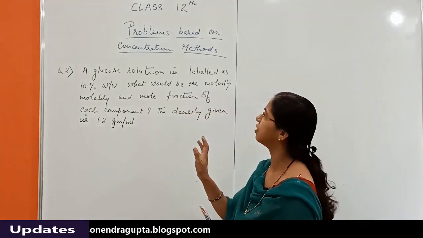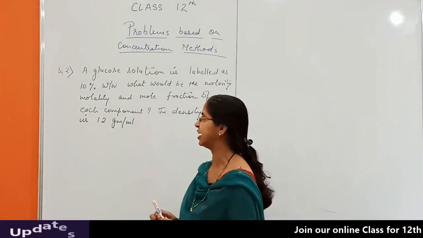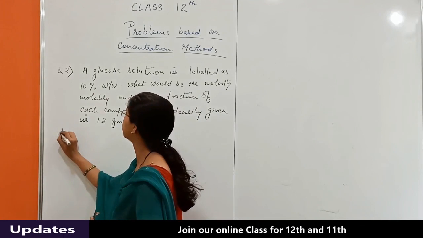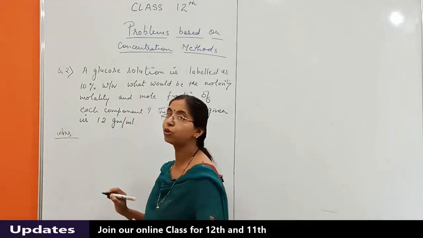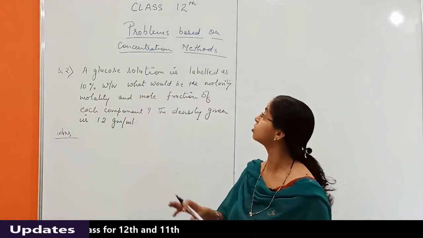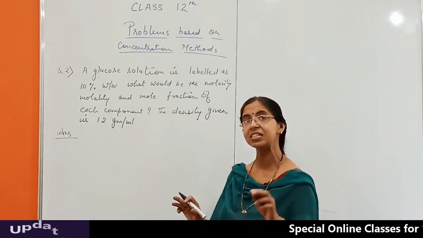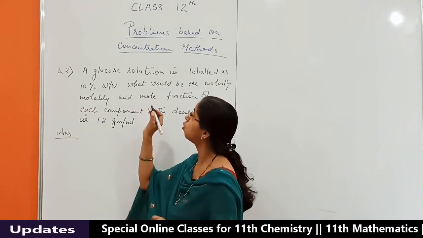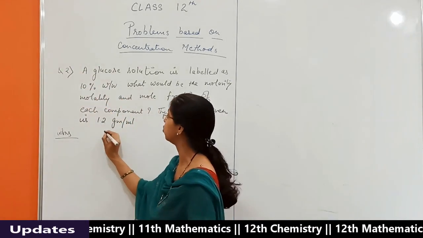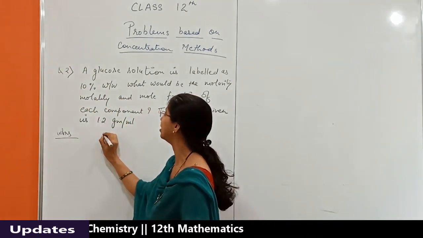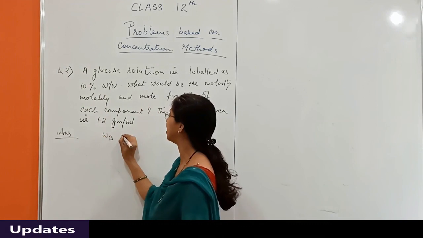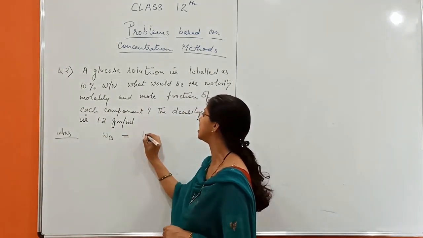As you know, your solute is glucose and it is in the aqueous solution, so the solvent is water. 10% weight by weight, so WB is given as 10 gram.